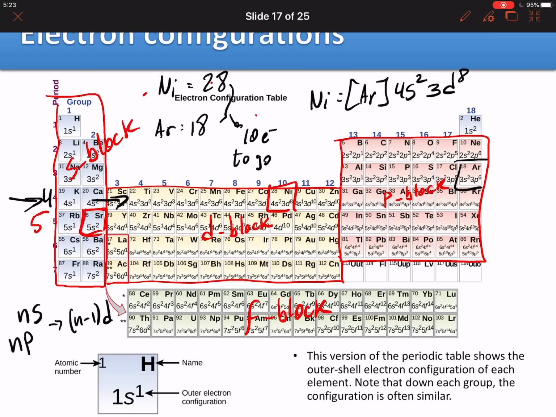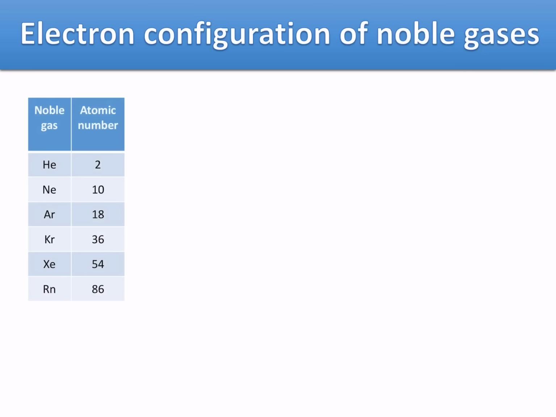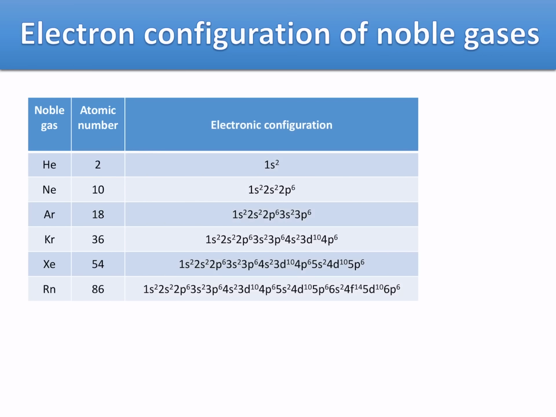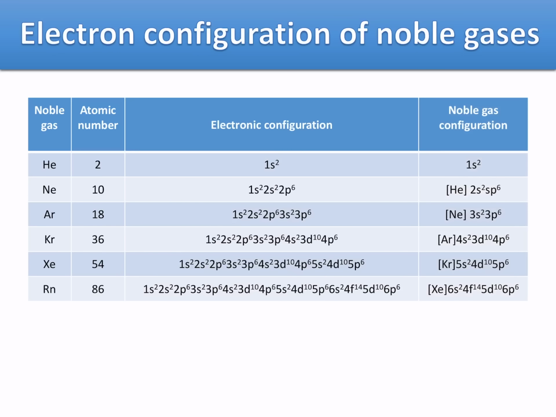Okay. Now, when it comes to noble gases, these are the atomic numbers for each one of those. If you want to look at the configuration of the noble gases, then we are looking at something like this. And of course, they are noble gases. We can also do the electron configuration of the noble gases using shorthand notation. And this is what we have, right?